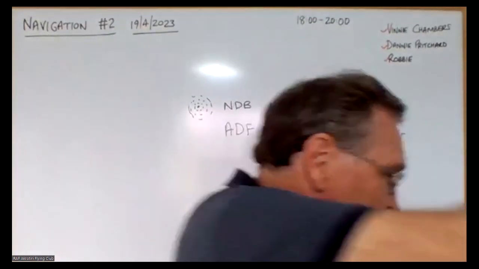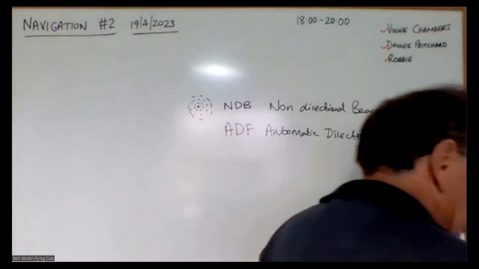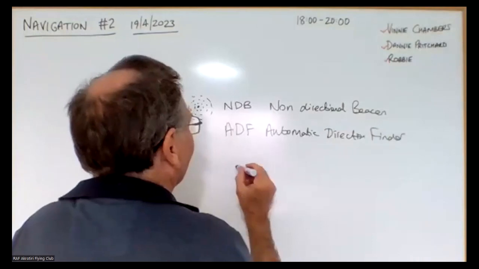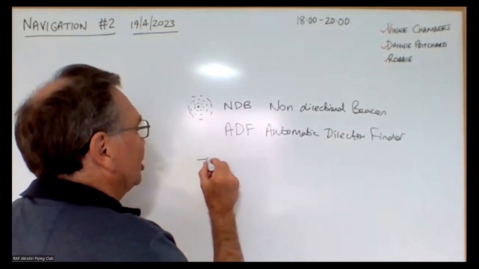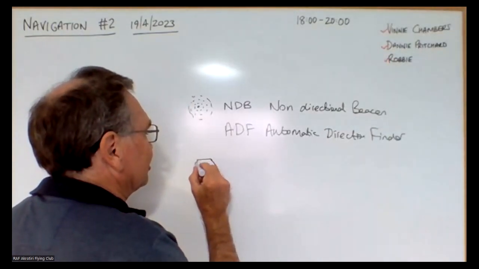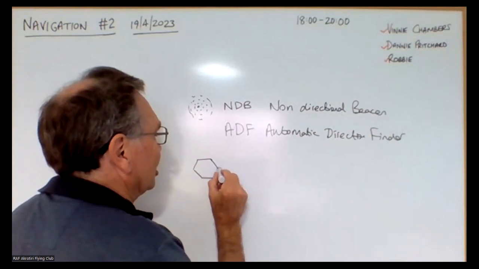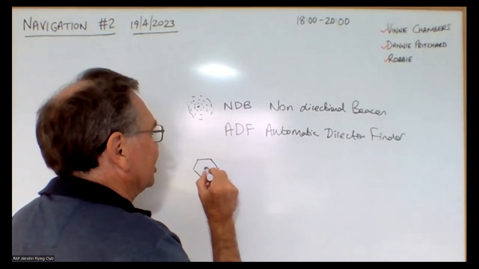So the other type of navigational aid on the chart is what's called a VOR, and that's a hexagon that looks like this.